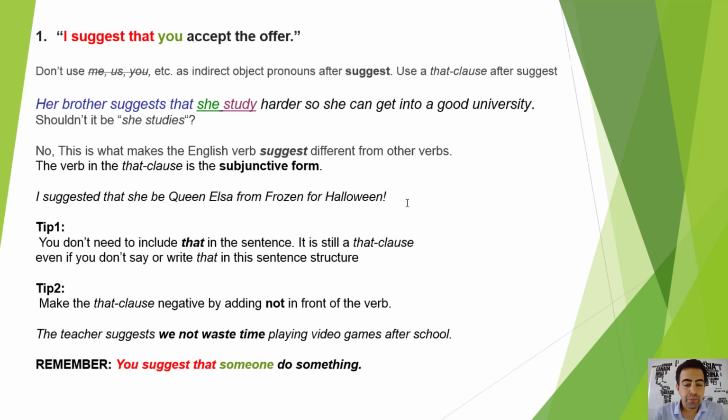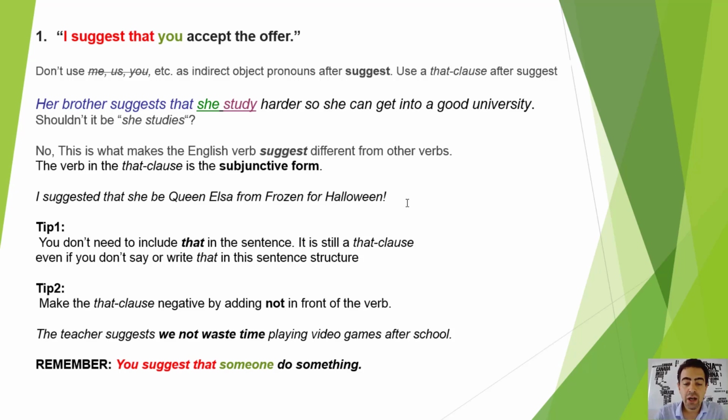So, tip number two says, make the that clause negative by adding not in front of the verb. Like this, the teacher suggests we not waste time playing video games after school.